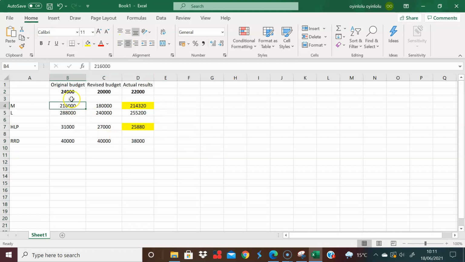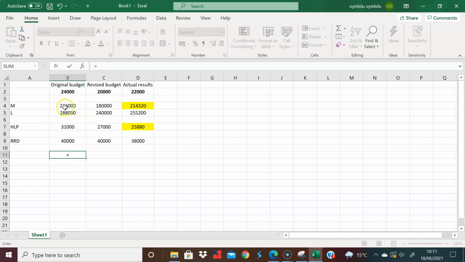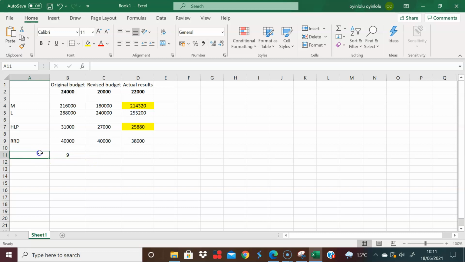And so if materials for making 24,000 units is 216 as a whole, you will accept that the cost per unit must be that divided by the 24,000 units, and that's £9. That's the variable cost of materials. We can test it again, I guess just by dragging the formula across. That should be £9 as well.